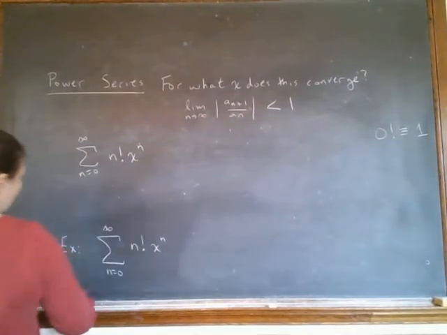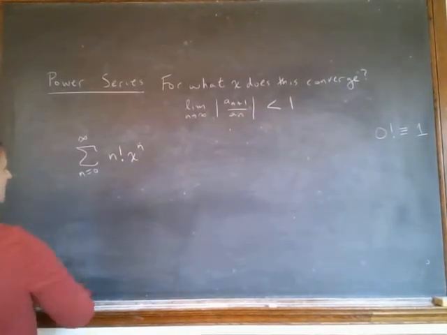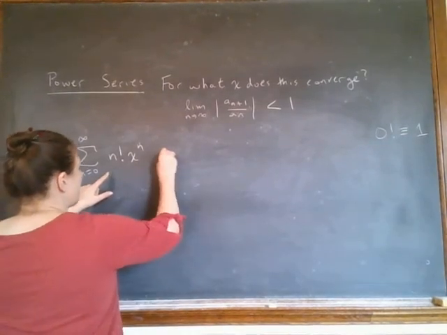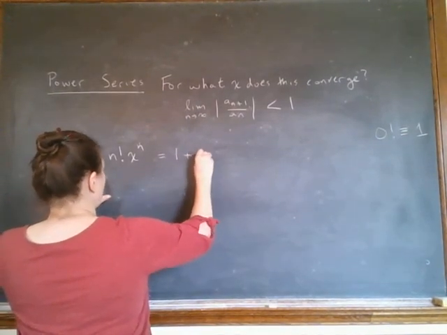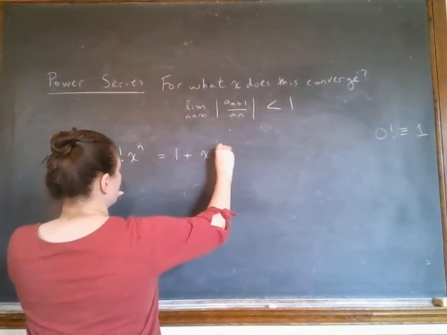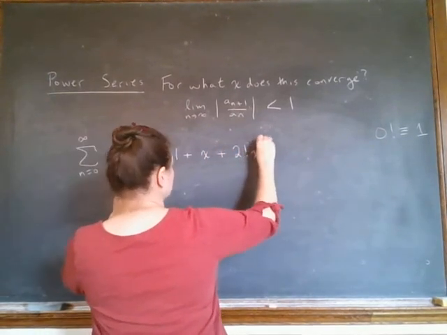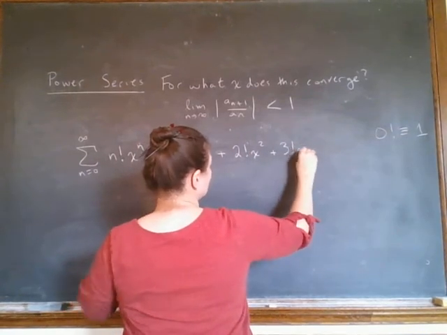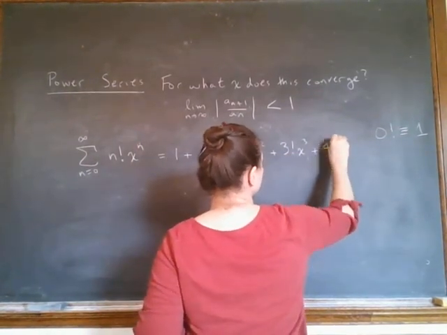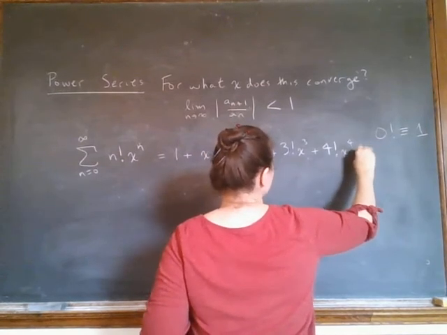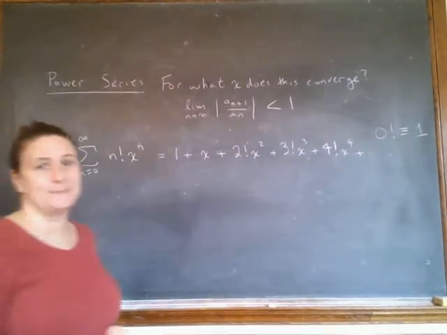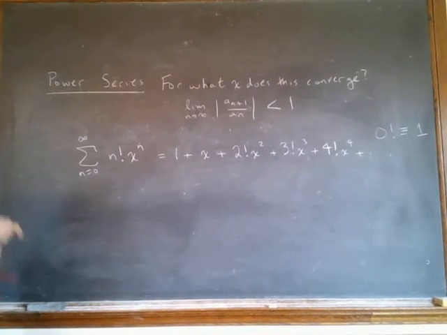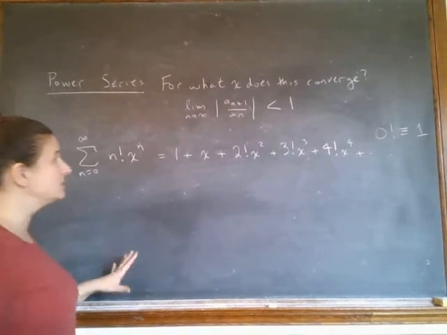So if I actually write out what this is, it's going to be 1 plus x plus 2 factorial x squared plus 3 factorial x cubed plus 4 factorial x to the 4. So we can expect some pretty bad behavior from this infinite series, because those x's and those factorials growing like this is pretty hopeless. But we can figure that out simply by doing the ratio test.